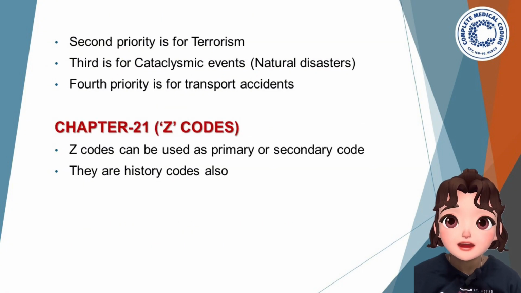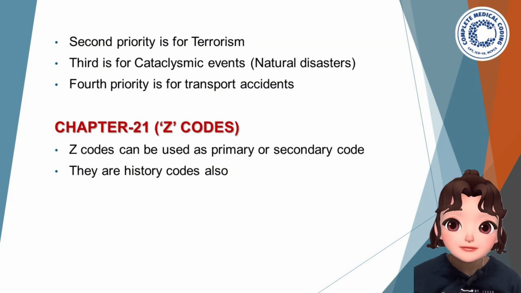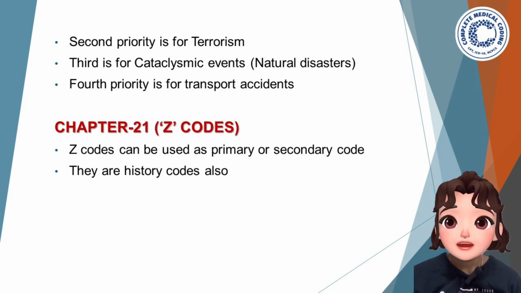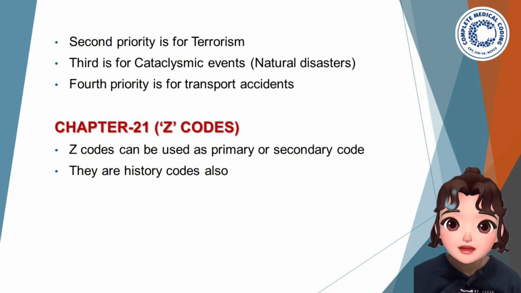Second priority is for the terrorism. Okay. Third is for cataclysmic events, means disasters, natural disasters. And fourth priority is for transport accidents. So this is how the priority goes on. This is the sequencing priority. If two external causes of injuries are mentioned in the question, then you have to check which is the priority one.